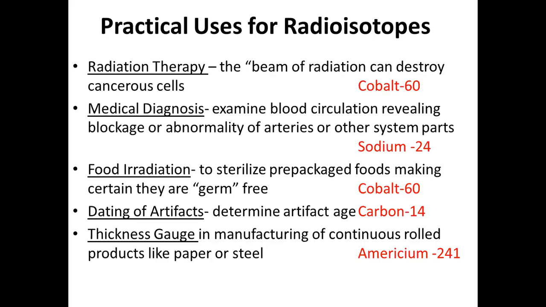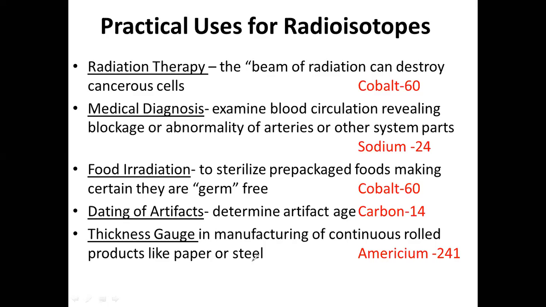Here's an interesting use for a thickness gauge, where they'd actually divert a beam of radioactive particles at a continuously rolled product. Sometimes when paper is manufactured, it's manufactured in a continuous roll form. At one end of the line, they're spreading this long sheet of paper out.